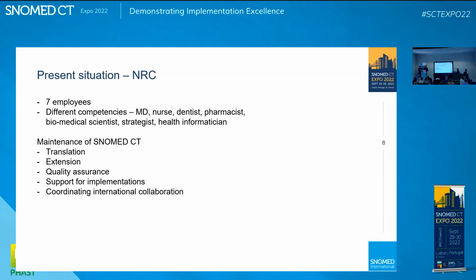We have an extension of 3,000-ish concepts right now, which we hope to promote eventually. We work with quality assurance of the extension. We give user support for implementers, and we coordinate the international collaboration that we have today, and because of that we participate in some of the groups and so on.